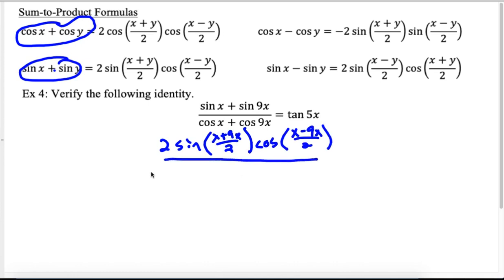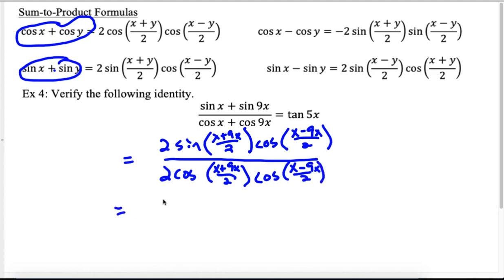The denominator then will be this guy, so 2 times the cosine of the first angle plus the second angle over 2 times the cosine of their difference, so cosine of the first angle minus the second angle over 2.